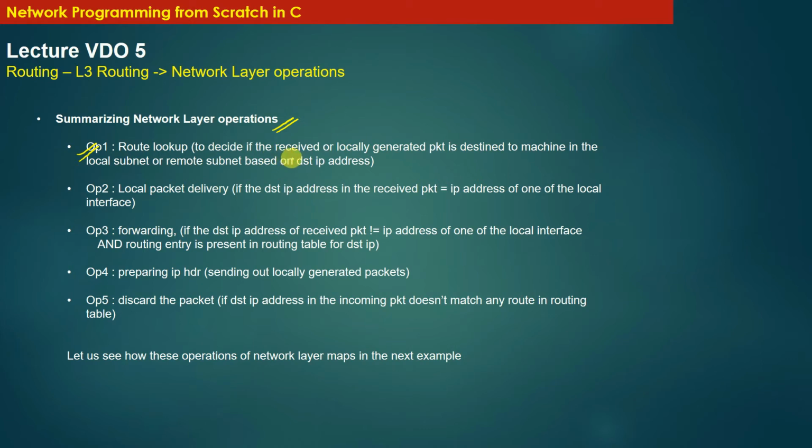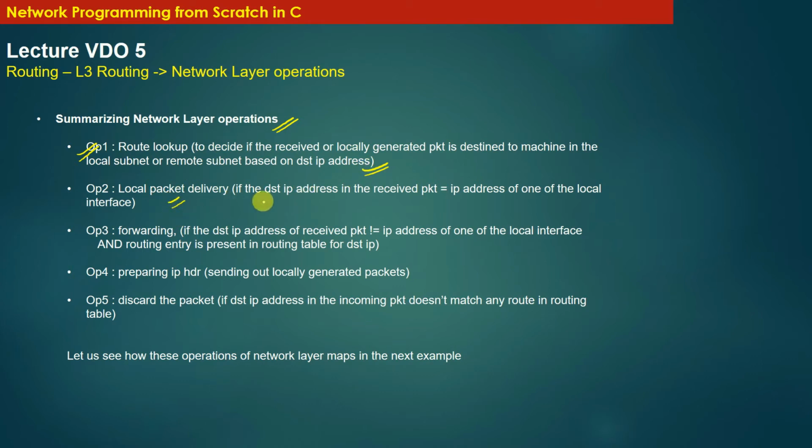Route lookup is required to decide if the received or locally generated packet is destined to a machine in the local subnet or remote subnet based on the destination IP address. So the router has to decide whether the packet it has received is destined to the router itself or the router has to forward the packet.